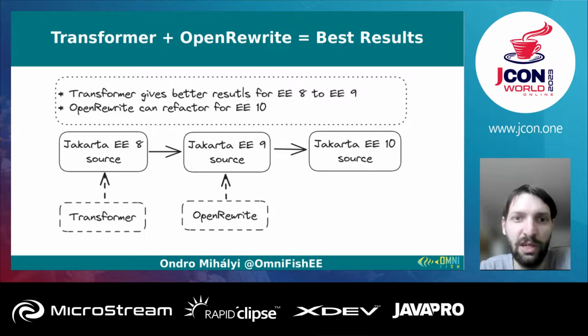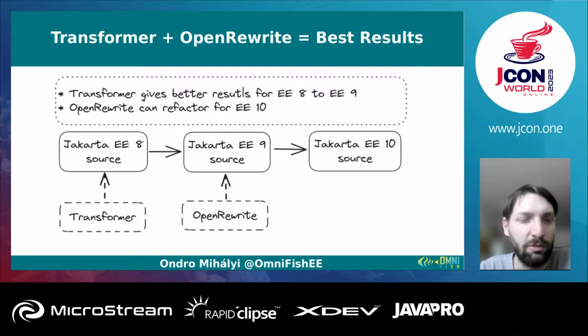It transforms more things, including all those properties and some references in annotations, some JNDI names, than OpenRewrite, which does a pretty good job, but you would still have to manually replace some things probably in your application.